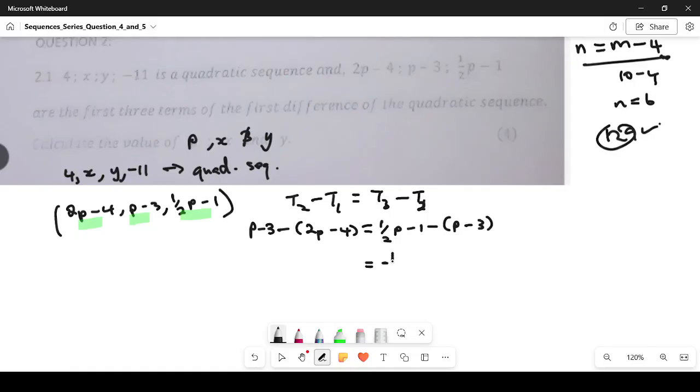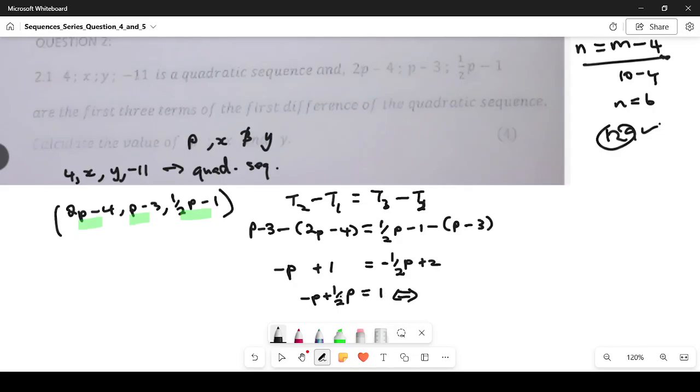That's going to be a negative half p, and then I will have a positive 2. And then let's simplify this side. We'll have p minus 2p, which is a negative p, and then minus 3 plus 4, which is a positive 1. And then I can resolve my like terms, right? Let's just say minus p plus half p, and then we'll have 2 minus 1, which is just 1.